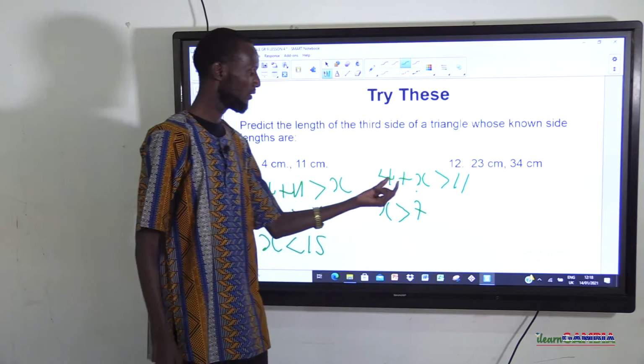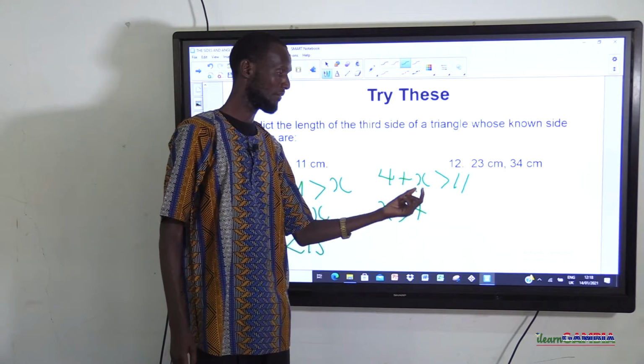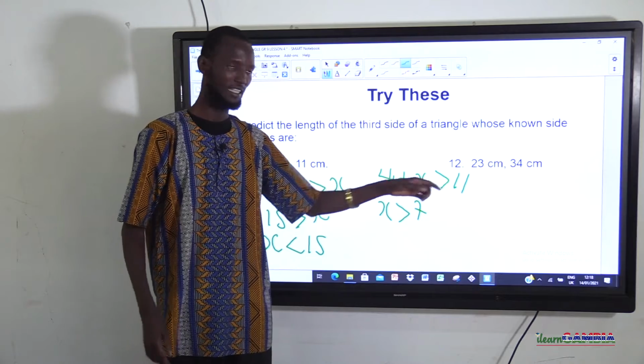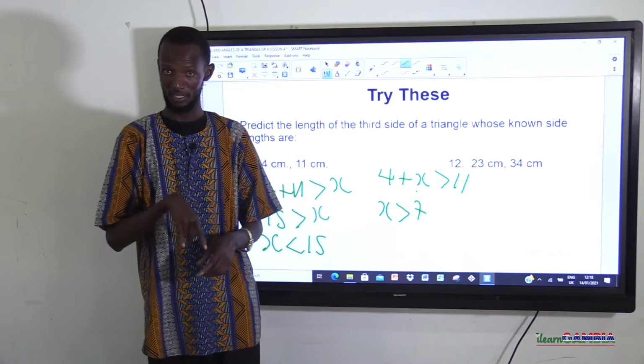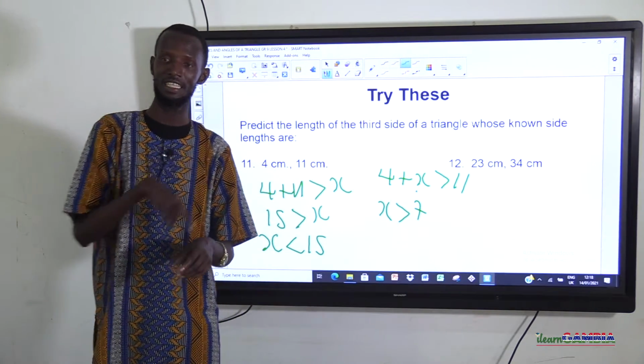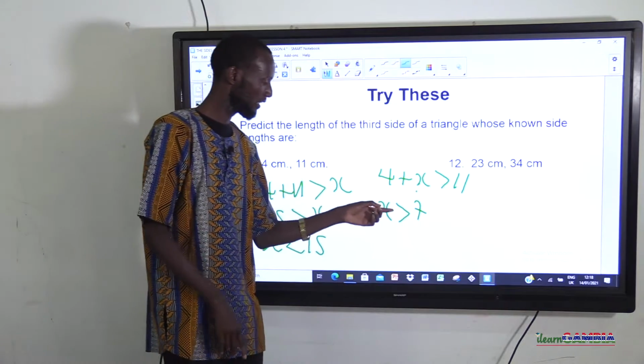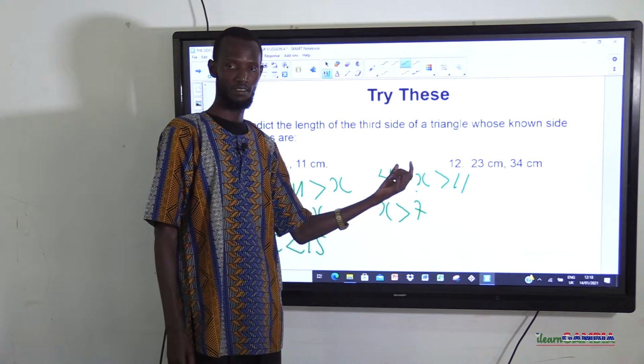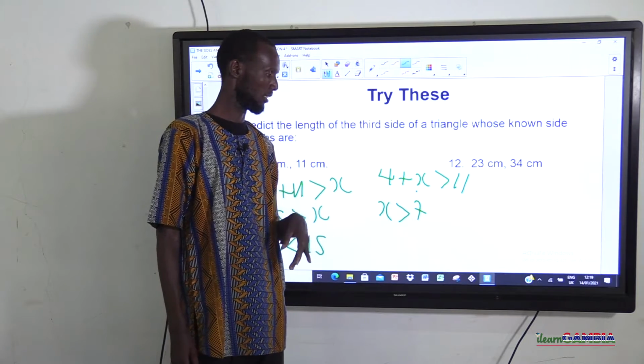Because you put any value equal to 7 or less than 7 here, and then your sum would be less than 11. And you don't want that. What you want is your sum to be greater than 11. So whatever you choose here, it has to be greater than 7. You can choose 8, 9, 10, and so on, okay?